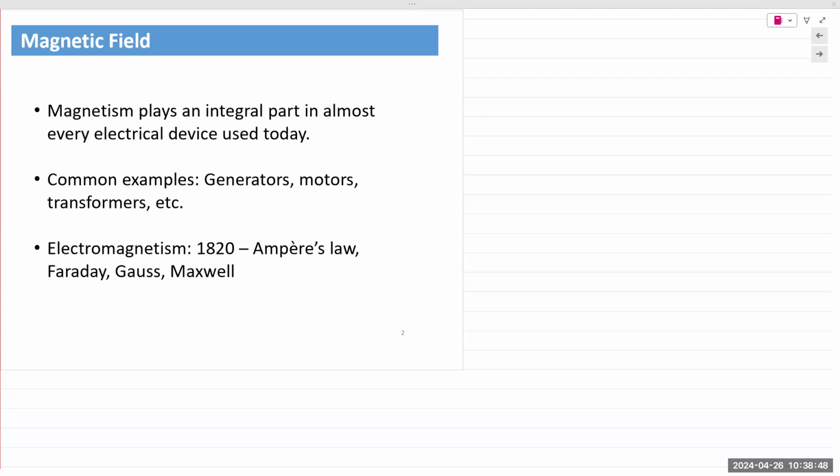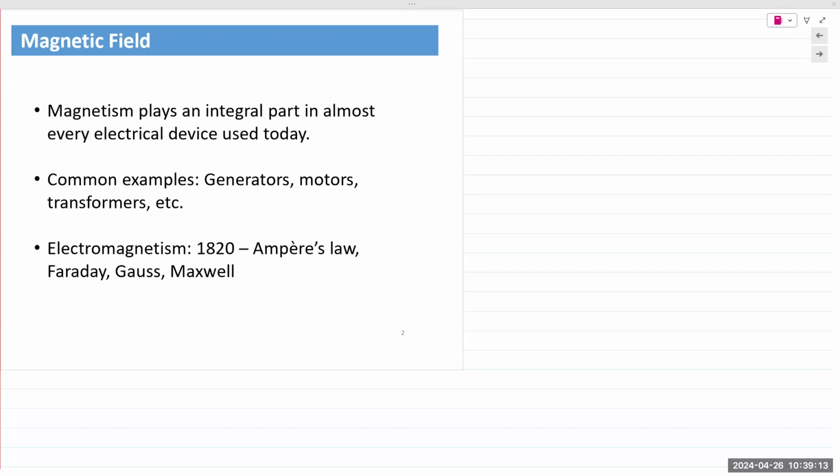So let's look at inductors first. As I stated, inductors store energy in the magnetic field. Magnetic field relies on magnetism. Magnetism is a big part of every electronic device that we use today. Common examples are generators, motors, transformers.